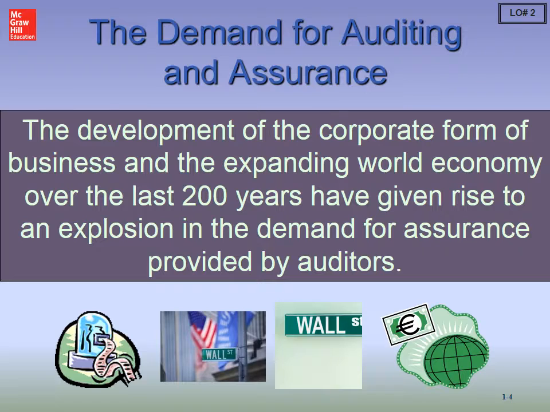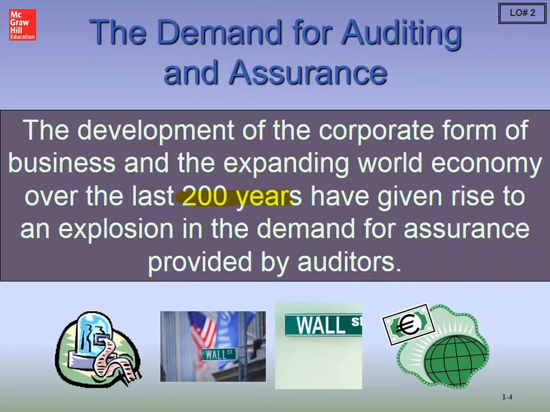So we have seen growth in the auditing profession over the last 200 years. Two hundred years might be a bit exaggerated for the accounting auditing profession. If you see the movie A Christmas Carol, I like the cartoon versions, Scrooge's firm was essentially a CPA firm back in those times.